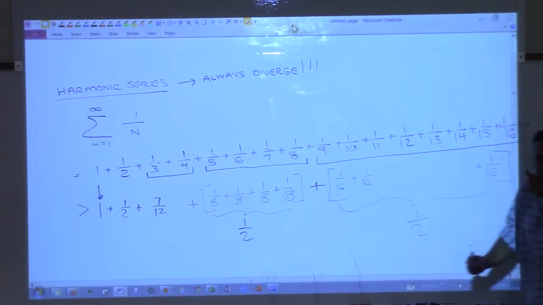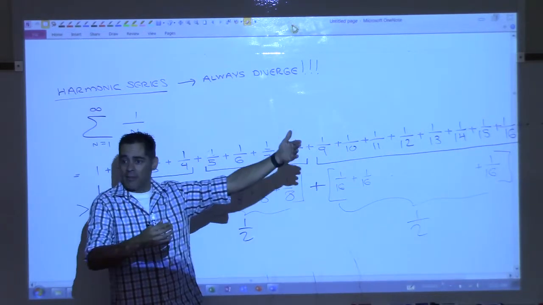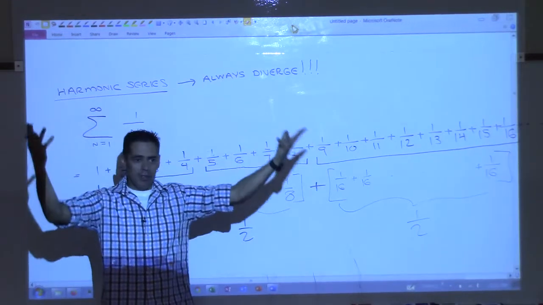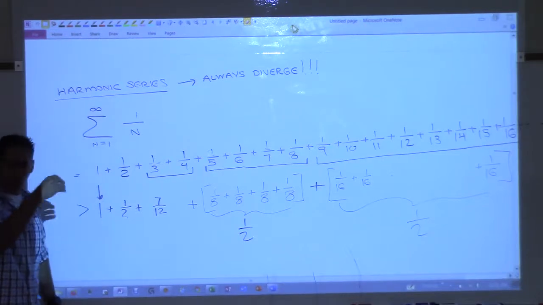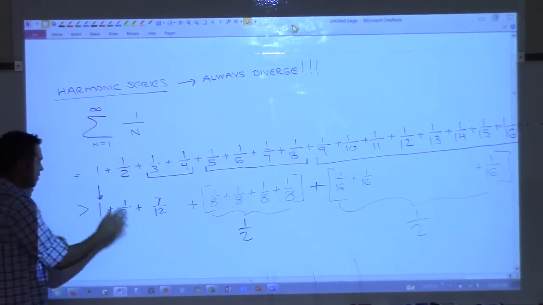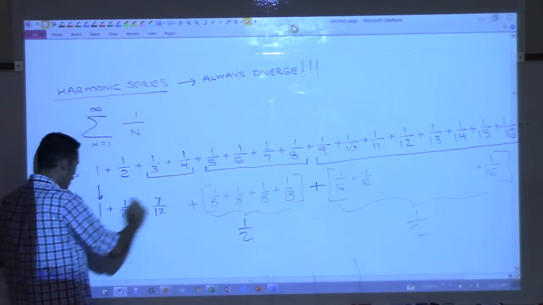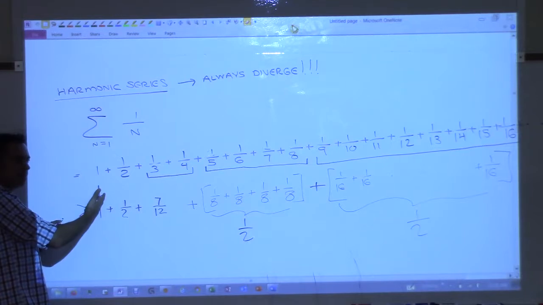Well, if you just keep on adding a half forever, what do you get? 1/2 plus a half plus a half. That's becoming huge, isn't it? Because those aren't getting smaller. Like 1/2, 1/2, 1/2, same number. It's just going to overfill. So this sum right here is infinite, and this one has to be bigger. So the only way you're bigger than infinity is if you're infinite yourself.